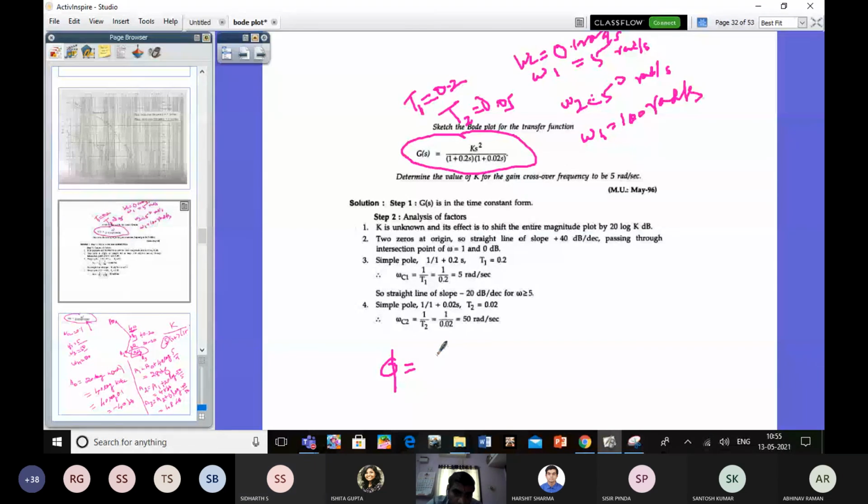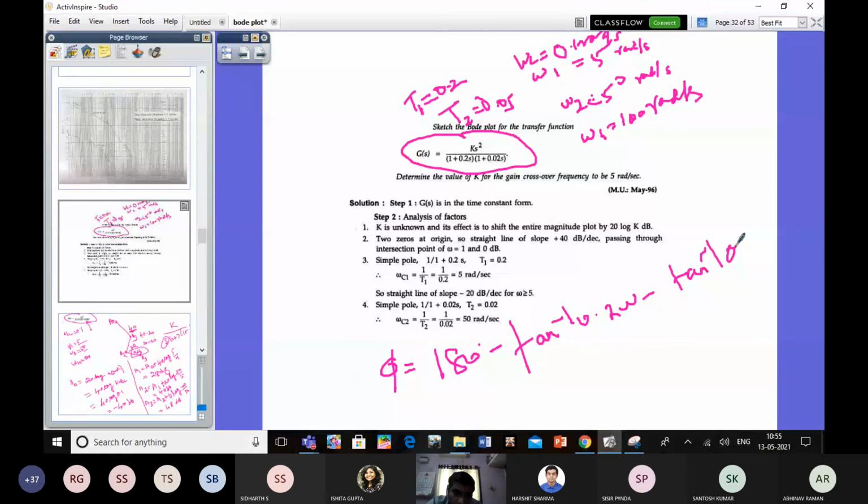Next, substitute s equal to j omega. So already there, in time constant form: minus tan inverse 0.2 omega minus tan inverse 0.02 omega. Very good, dear. Here what are the minimum and maximum phase angles?